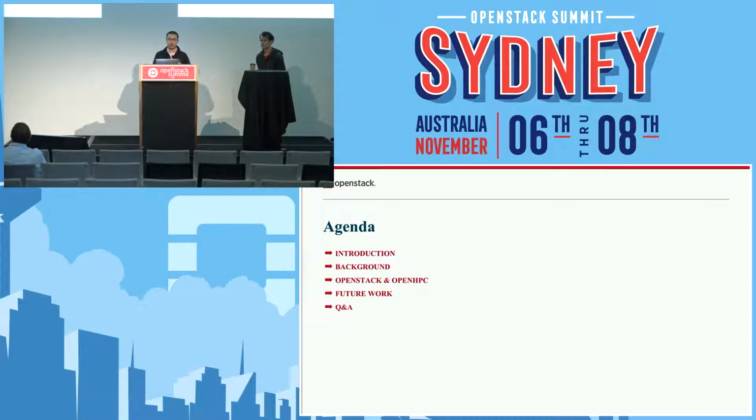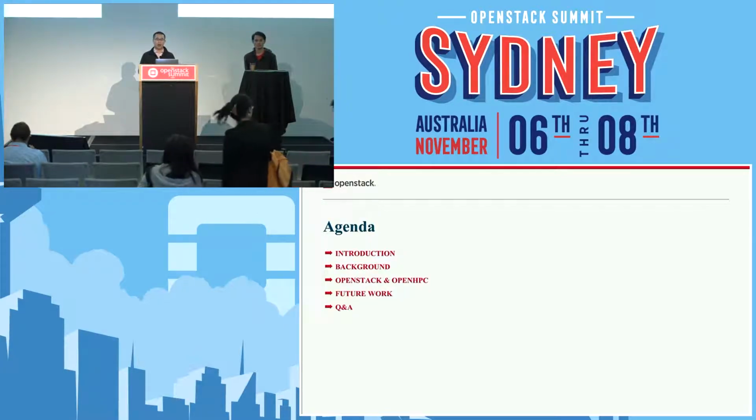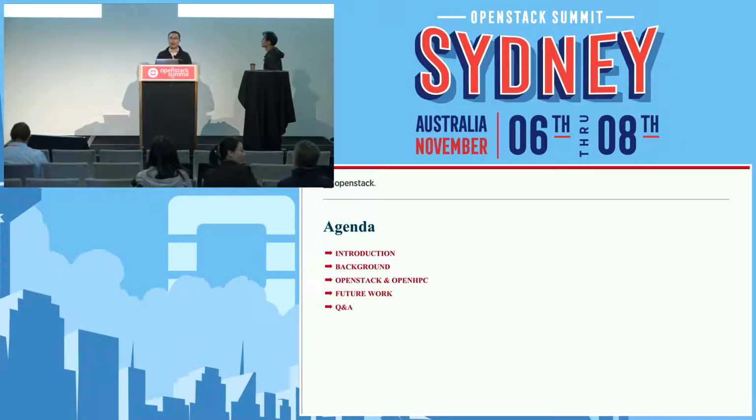And then Leon will help to go through the detailed technical details on how to integrate OpenStack and OpenHPC. And he will also cover the future work after this project. And at last, I will show you the demo of our POC, and we will definitely have a Q&A session at the end.